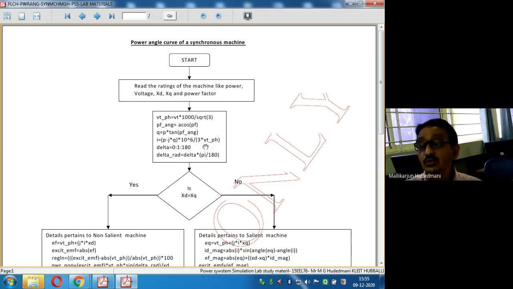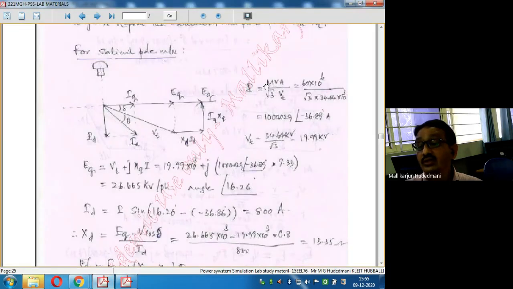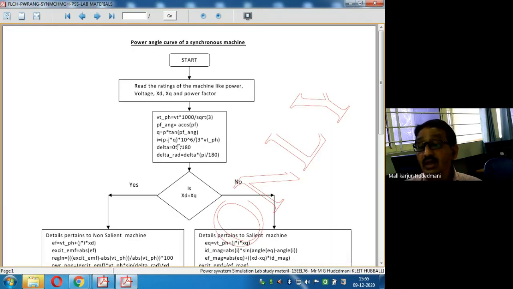What does it refer to? Current. Active power minus reactive power divided by 3 into Vt. If I do this, I will get the current at the other end. This is the same as the current we got here, MVA divided by root 3 Vt. What am I getting? I am getting it by difference. By programming, I am able to get this.